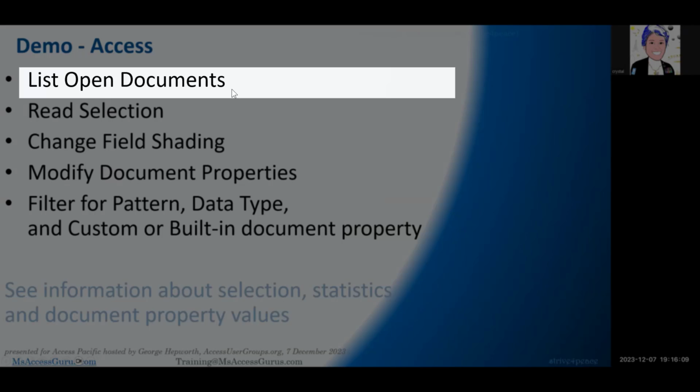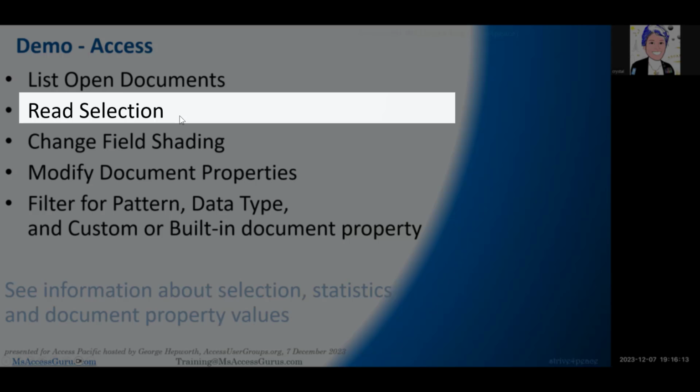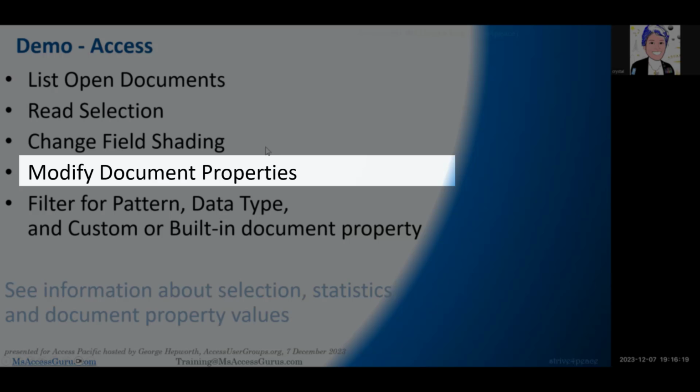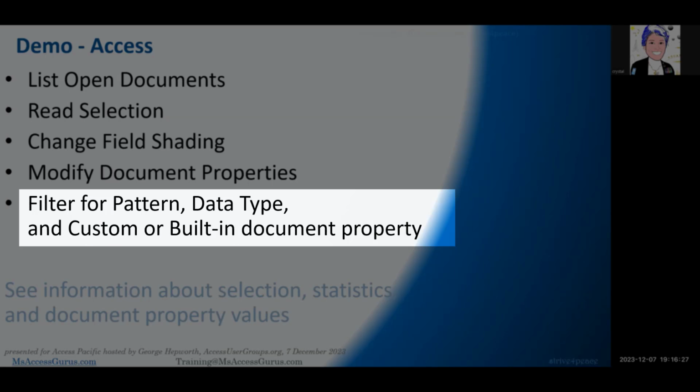So, kind of a little summary. I showed you how it lists the open documents. It reads the selection. You can change the field shading from Access. That will be reflected in the active document in Word. You can use Access to modify your document properties. I showed you how you can filter for a data type, because we said, what are all the dates?